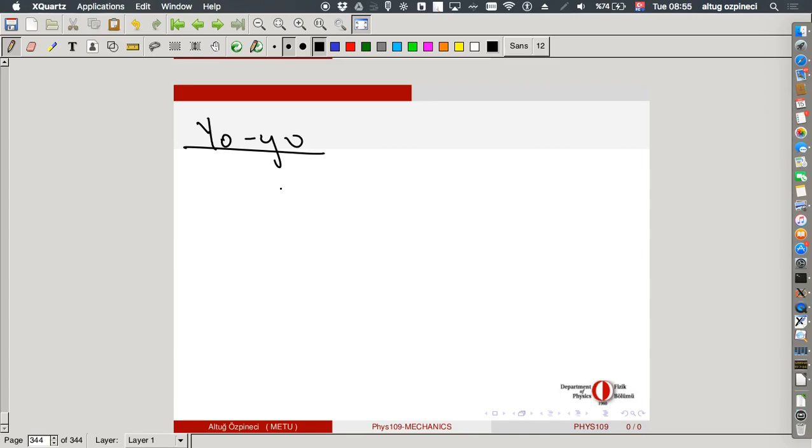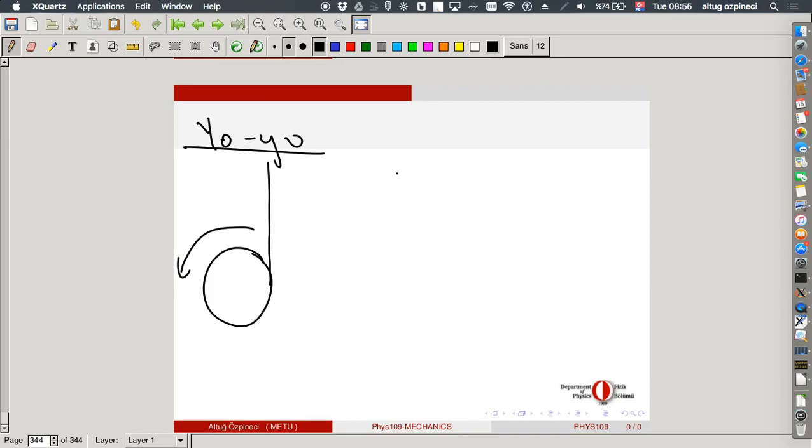So what it does is you have this circular object, you wrap some string around it, and you just let it go. It will unwind the string, rolling down, and when it reaches the bottom, it still has kinetic energy of rotation, so it will keep rotating.